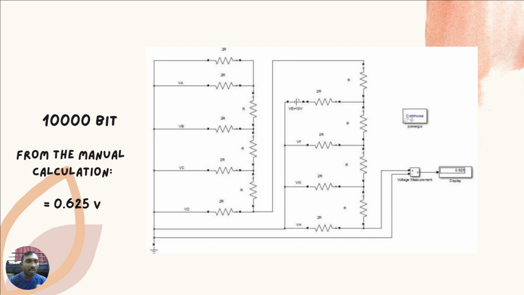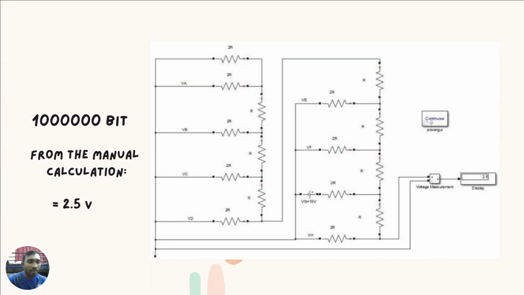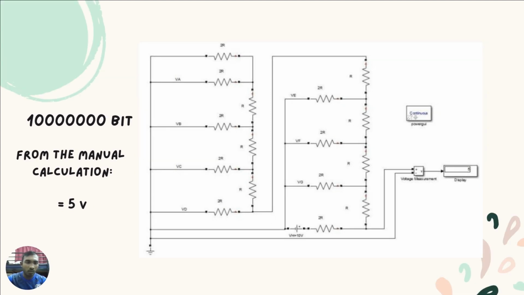For example, for 10,000 bits we got 0.625, and for 100,000 bits we got 1.25, which is 0.625 times 2. For 1M bit, we got 2.5 volt. And lastly, for the 10M bit, we got 5 volt. Respectively, each of 10,000 bit, 100,000 bit, 1 Mbit, and 10 Mbit is times 2 in the manual calculation.